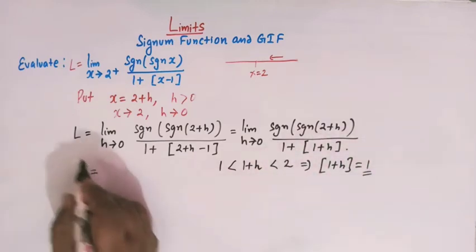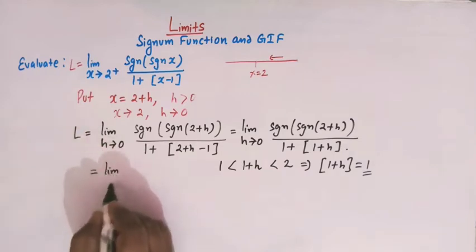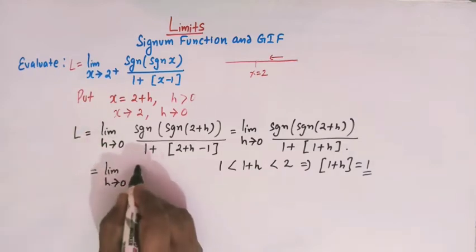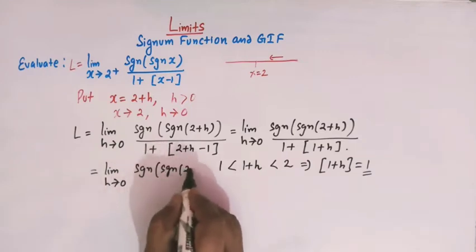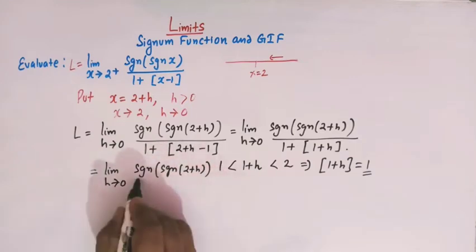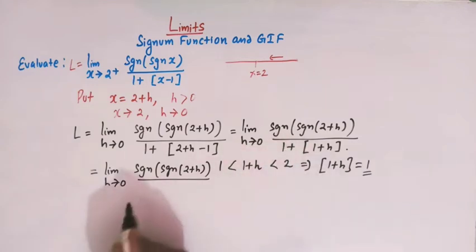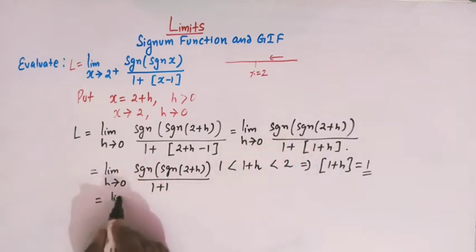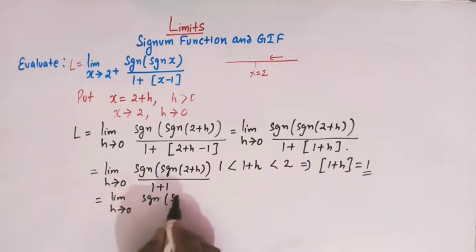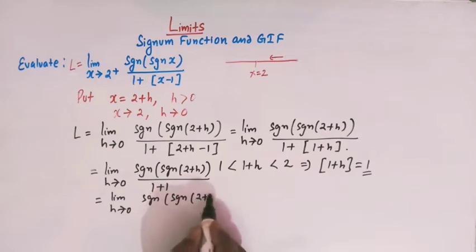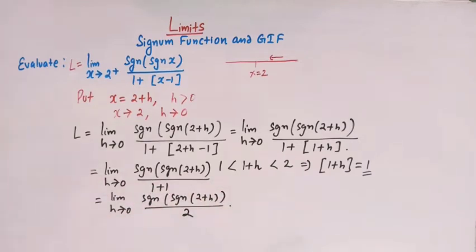So now this limit is limit h tends to 0, signum of 2 plus h, and here we have 1 plus 1, that is 2. So this is limit h tends to 0, signum of 2 plus h over 2.